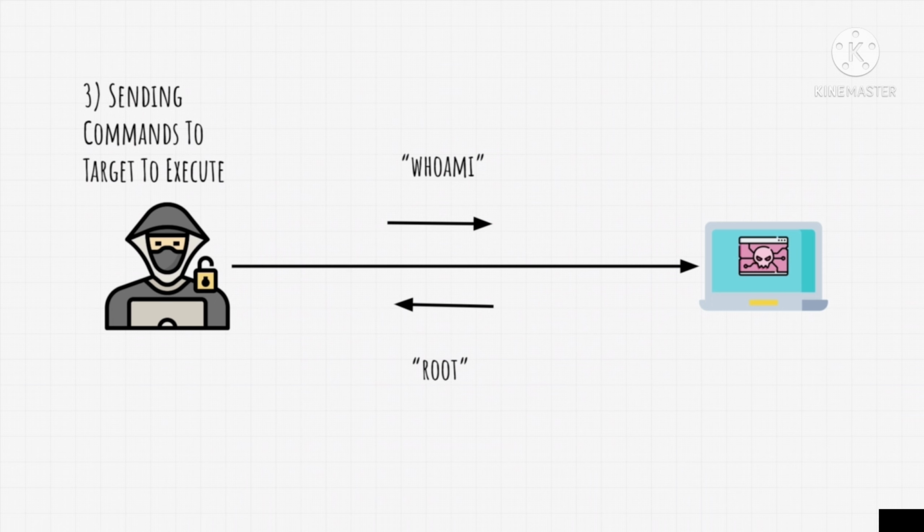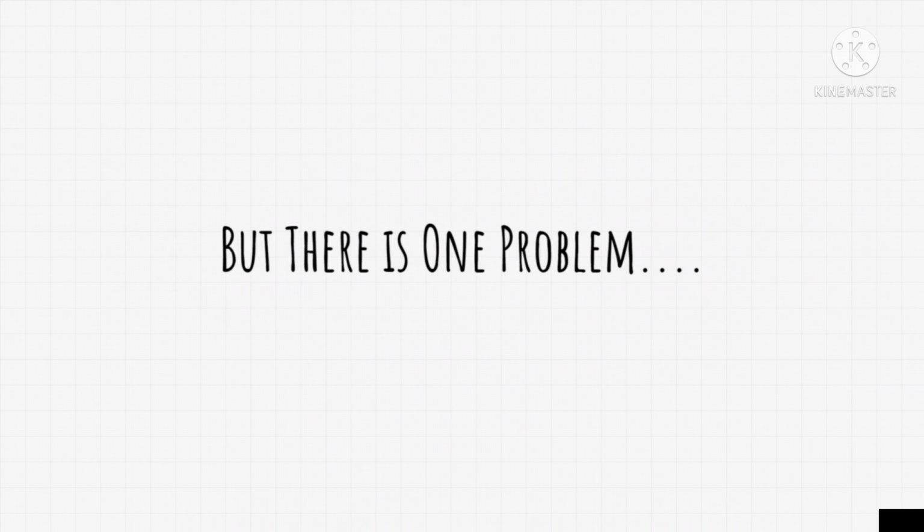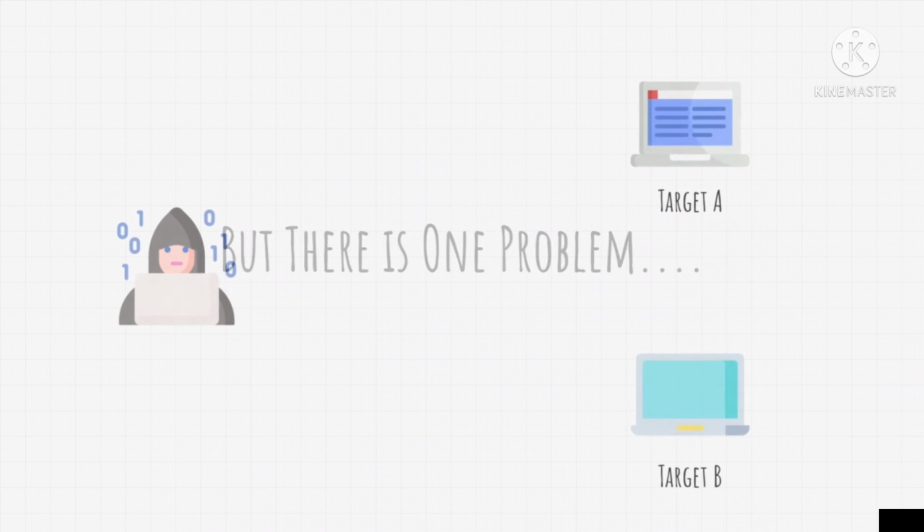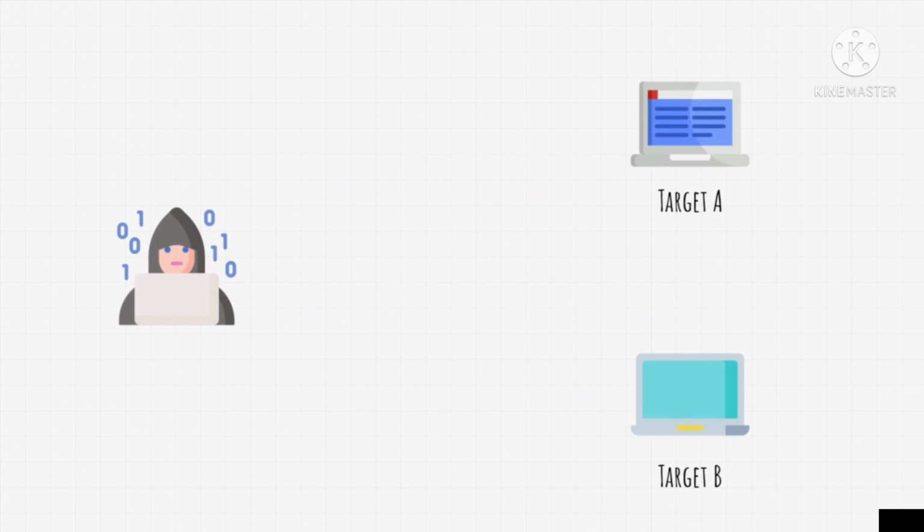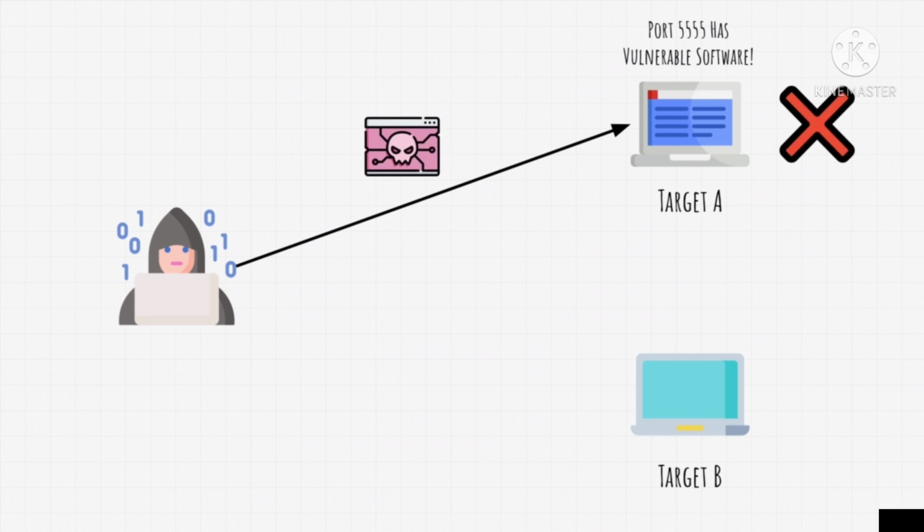However, there is one problem with this. Imagine we have 2 different targets, target A and target B. And let's say target A has a known vulnerability. It is running some outdated software on port 5555, for example, and in that case, we would do what we just explained, which is exploit the target through the vulnerability and deliver the payload that will allow us to control that target machine.